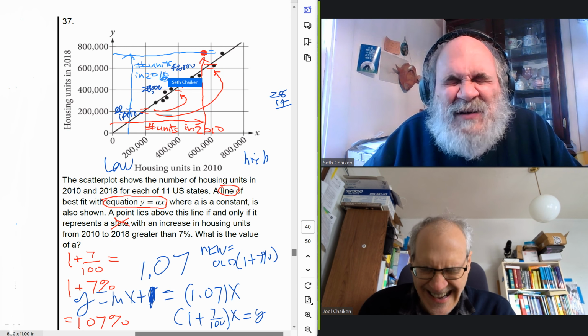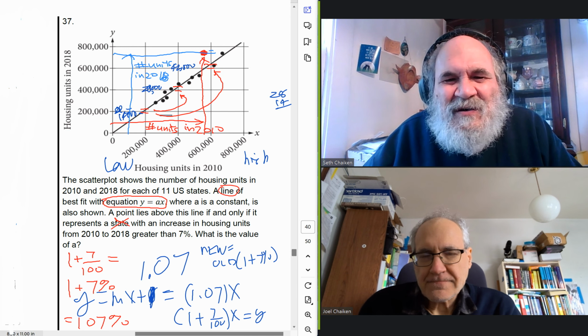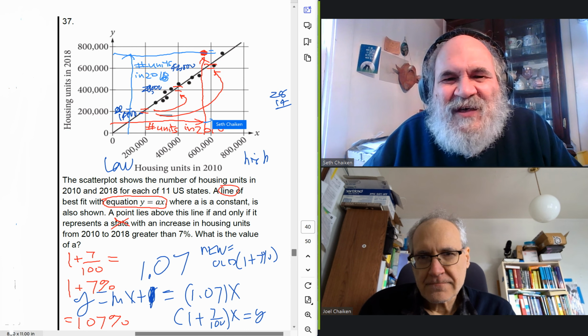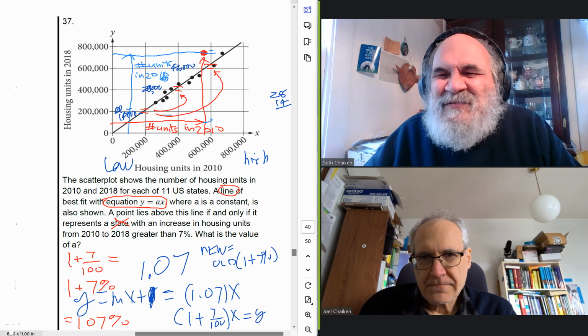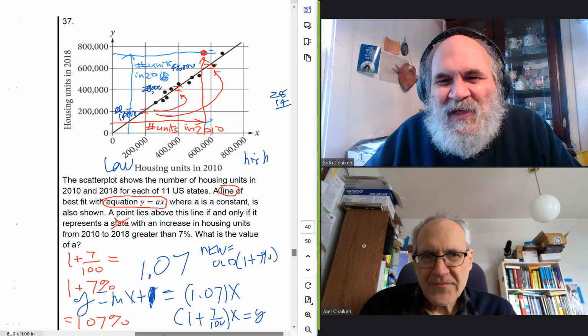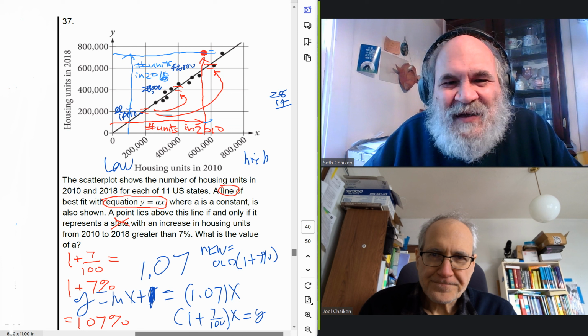So this dot represents that the number of housing units from 2010 to 2018 increased by more than 7%.